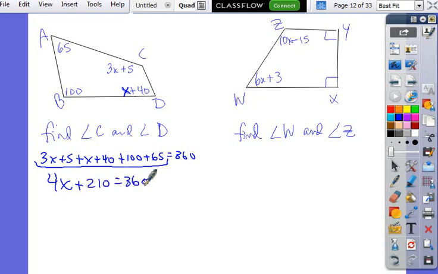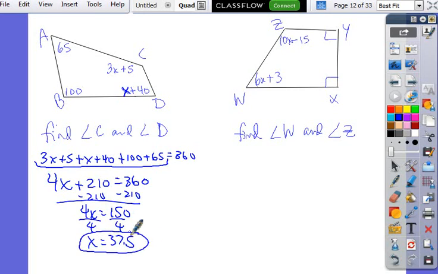All right. Minus the 210, 150 divided by 4 is 37.5. All right, so there's my x.